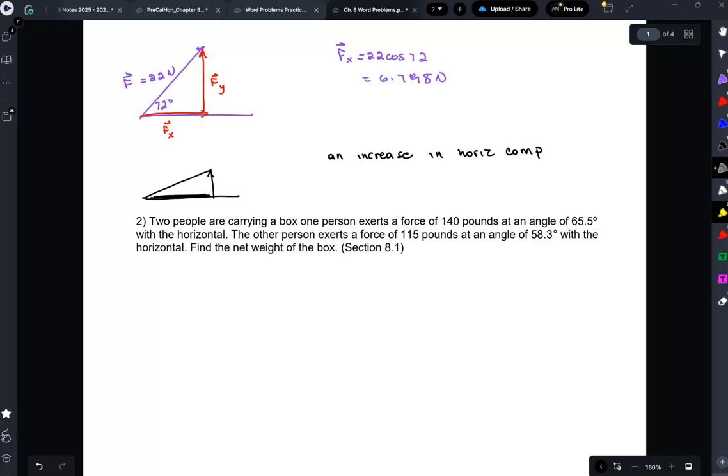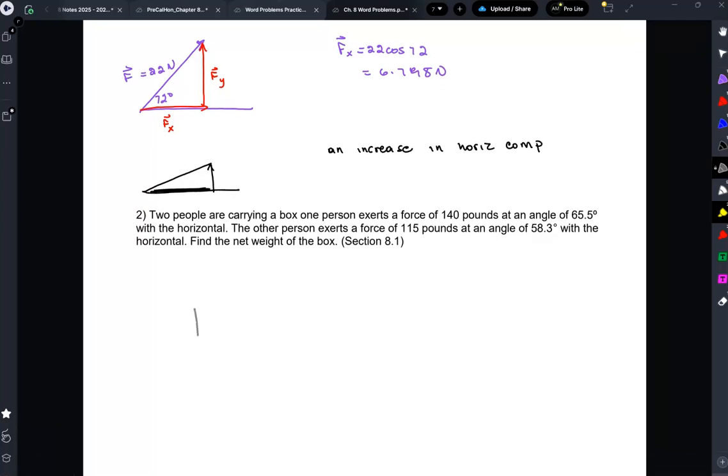Now when we talk about net weight, this is how much force it takes in order to lift the box off the floor, or if you're simply holding something steady above the floor, like if you're just holding something in your hands, you're exerting a force that counteracts the gravitational force that is pulling it down. And the force that you're exerting is the weight of the object. That's what weight is. So in this case, if I want the weight, it's basically how much force is being applied in order to hold this thing up.